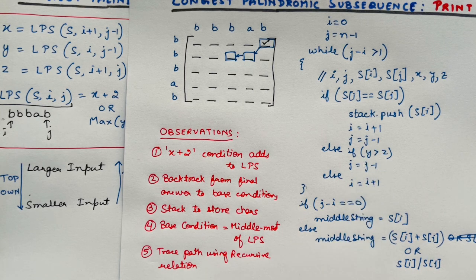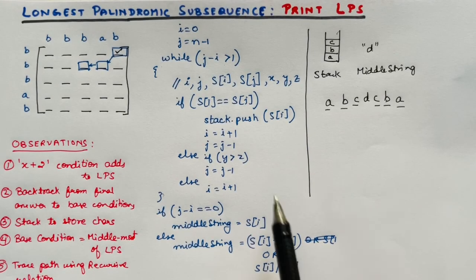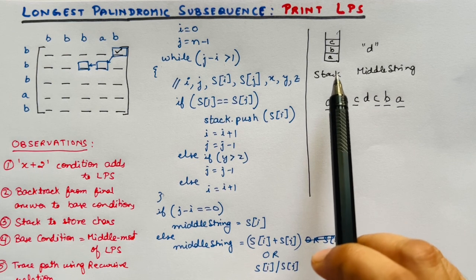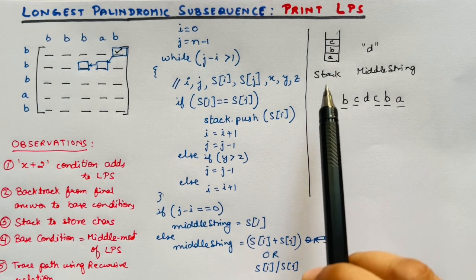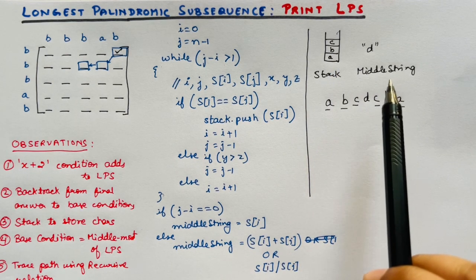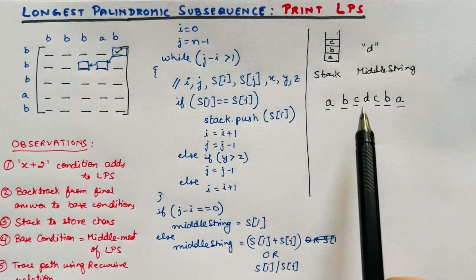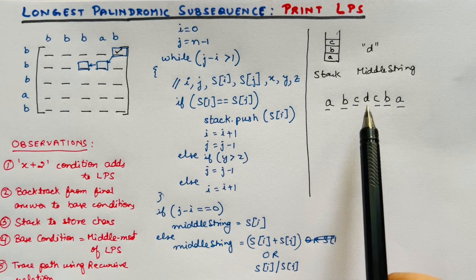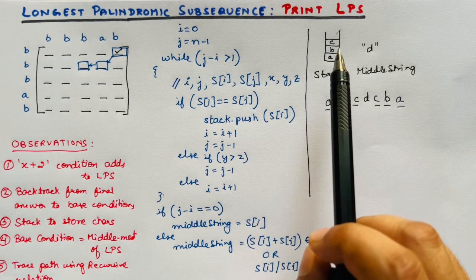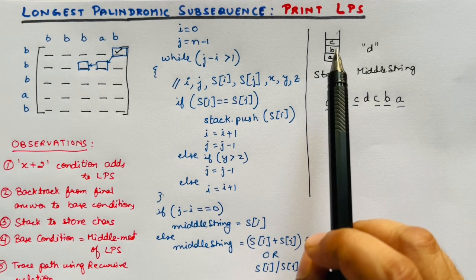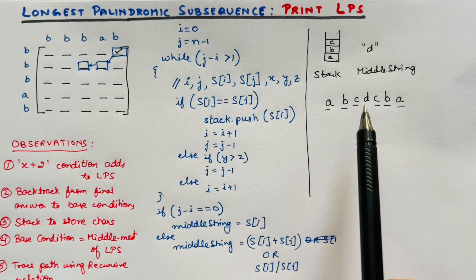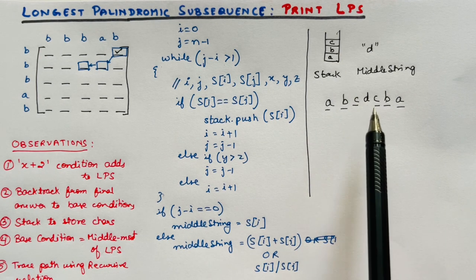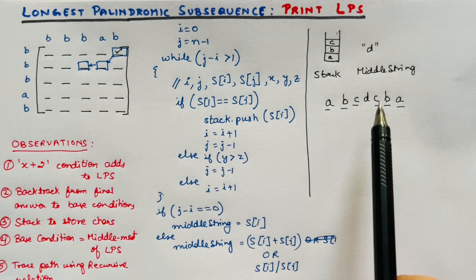Now our aim remains, how do we use this middle string and the characters in this stack to form our required palindrome? It is very simple. Let us say we had in our stack CBA from top to bottom and our middle string value was D. Then what will be the palindrome that we are looking for? The D will be placed in the middle. Then since in the stack the topmost character will be the one that is closest to the middle, so we will put C at front end and back.